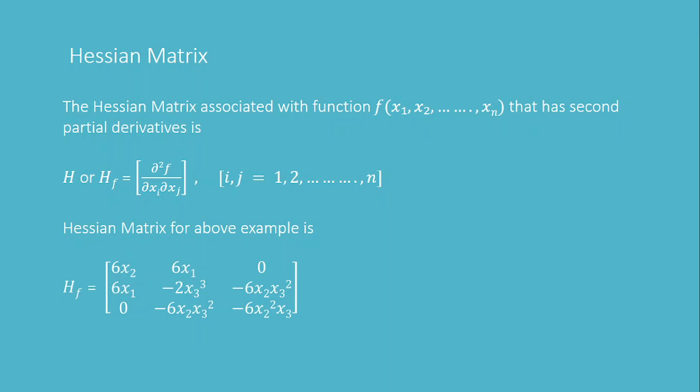The first element of this matrix, the element in the first row, will be ∂²f/∂x1², which is 6x2. The second element in the first row will be ∂²f/∂x1∂x2, and the third will be ∂²f/∂x1∂x3. Similarly, we can find all the elements of this Hessian matrix.